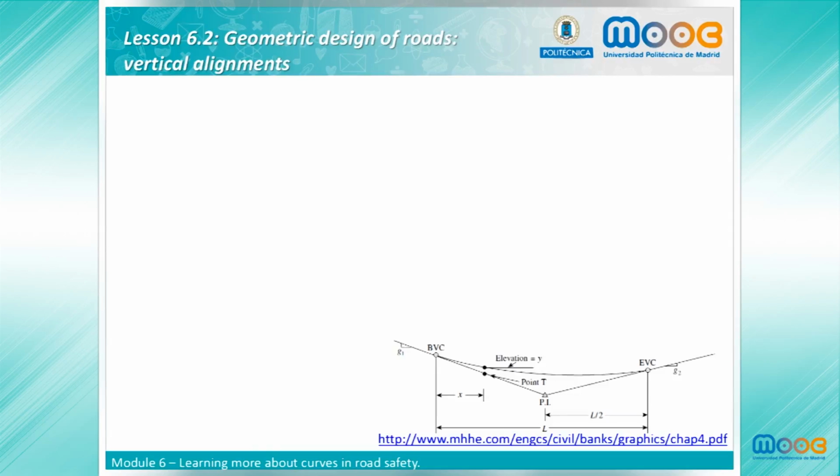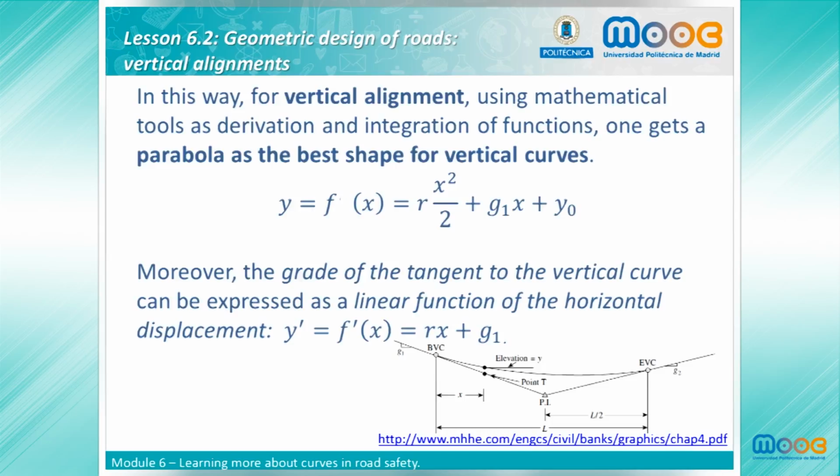In this way, for vertical alignment, using mathematical tools such as derivation and integration of functions, one gets a parabola as the best shape for vertical curves. Moreover, the grade of the tangent to the vertical curve can be expressed as a linear function of the horizontal displacement.